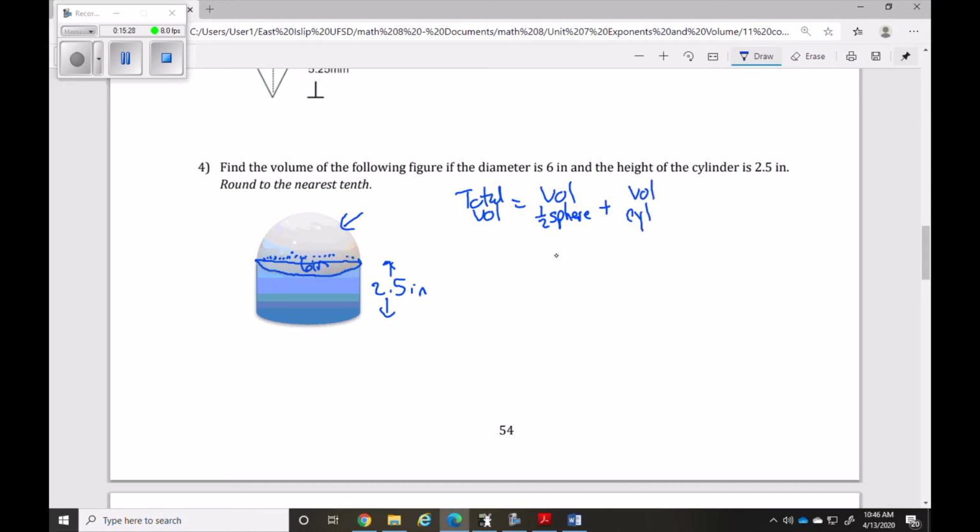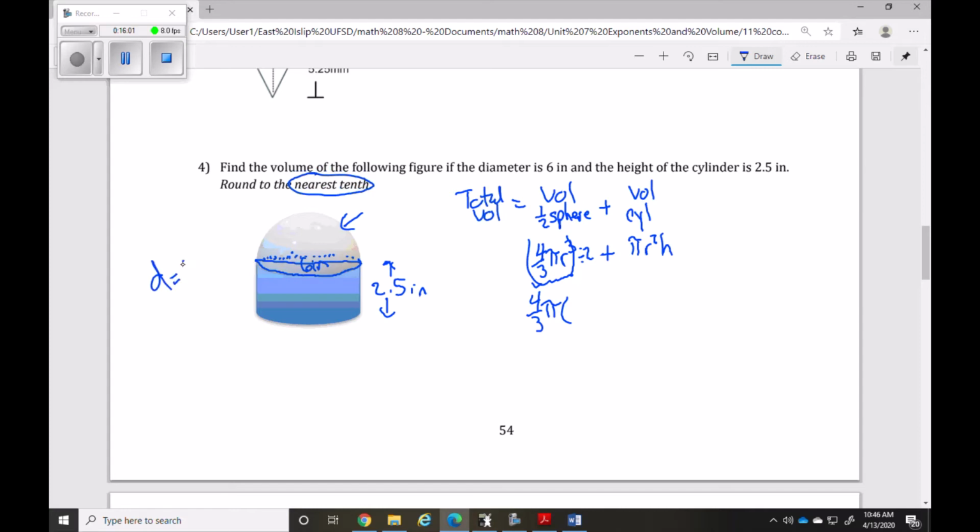So volume of a whole sphere is 4/3 pi r cubed, but since it's supposed to be half, after I get this answer, I'm going to divide it by 2. Then I'll add on the volume of the cylinder, which is pi r squared h. Notice it asks us to round to the nearest tenth. So let's substitute in our numbers.